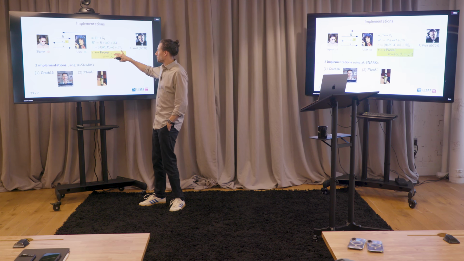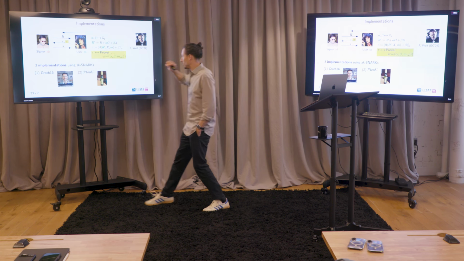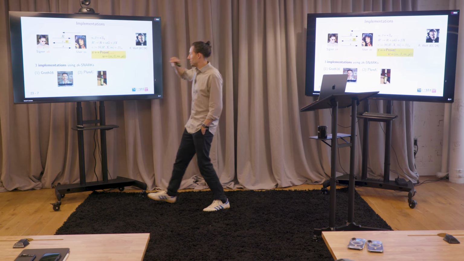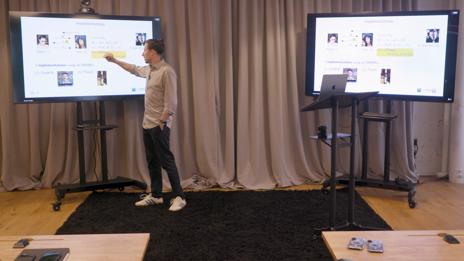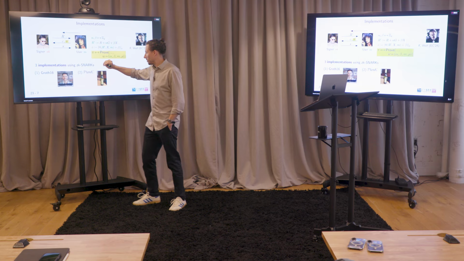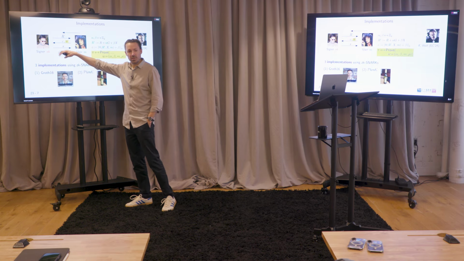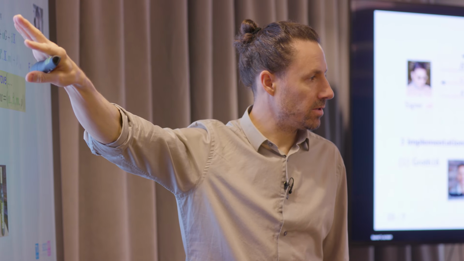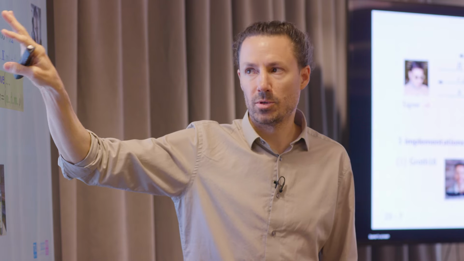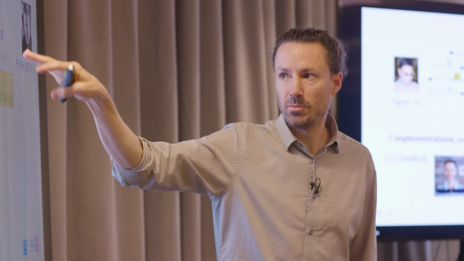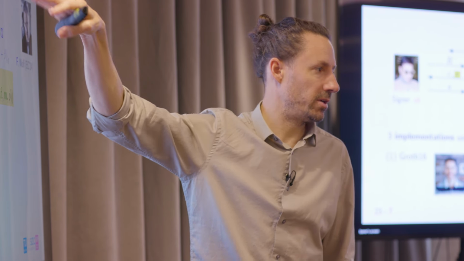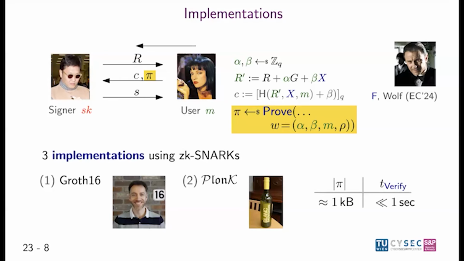And so here, who wants to be protected? It's the user. It's the signer that verifies the proof. So the signer can set up these parameters, and then the user can be sure that the proof she makes under the signer's parameters doesn't reveal anything about her message. Okay, and then Plonk.